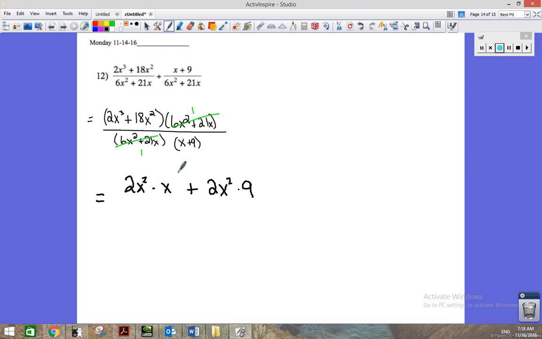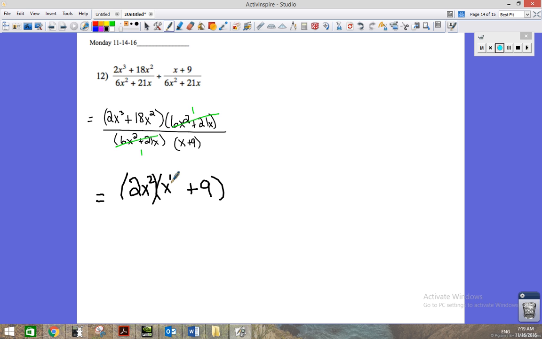So I can see that yes, I have a 2x squared and a 2x squared that's common to both of these terms. So I can remove that common factor and write this 2x squared out in front as multiplication.